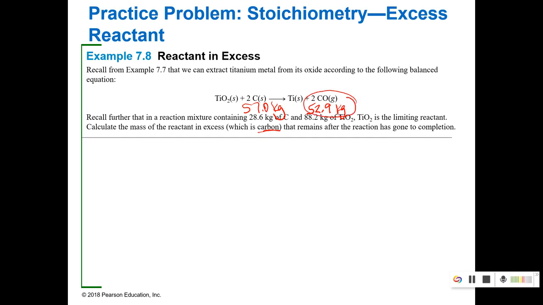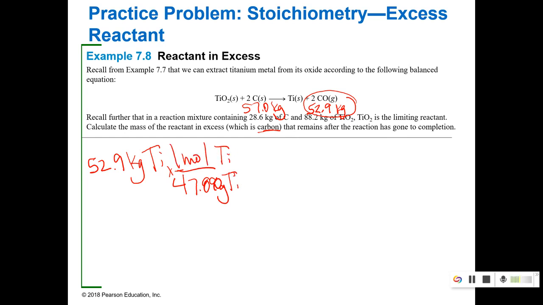So here's my theoretical. From our theoretical yield, we start from there, and we solve backwards to our excess reactant. So 47.88 grams, 1 mole.